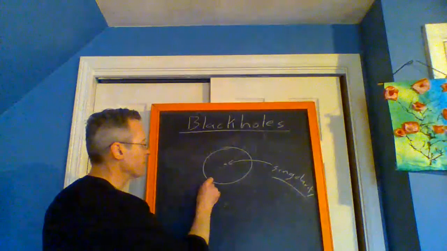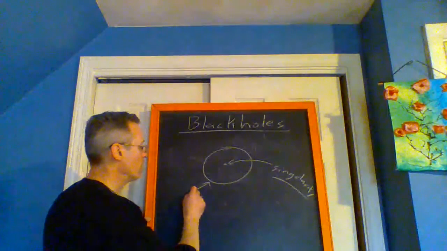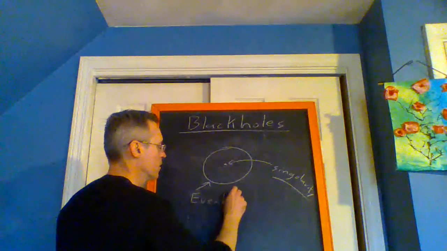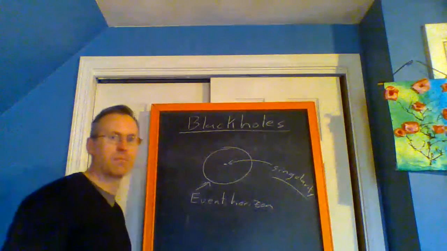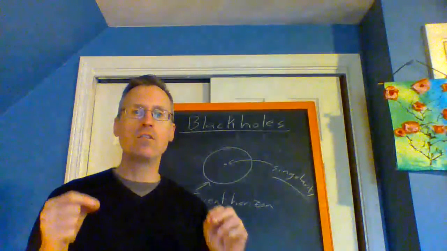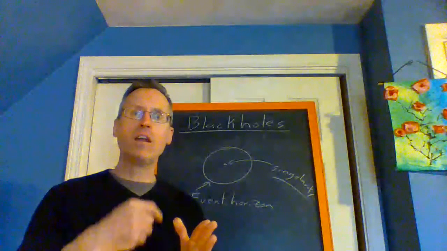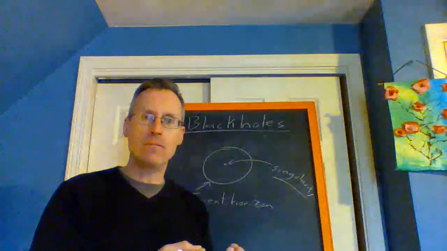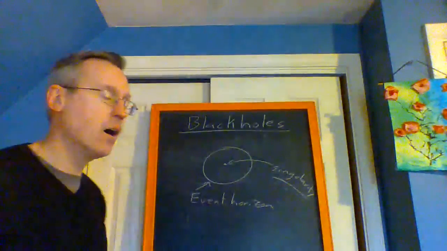Okay, and at a certain distance around the black hole, we call this the event horizon, okay? The event horizon, and write this down, is the distance from a black hole where if light gets within that distance, light itself will not come out, okay? So that's what it is, all right?